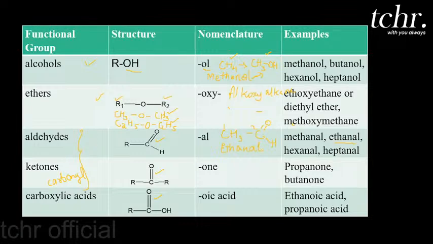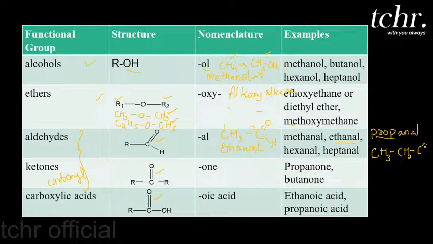Now for example, let me write the structure of propanal. Students, when it is asked to write the structure of propanal, what you have to do? First you see, prop means how many carbon atoms? 3 carbon atoms. So it goes on like this: CH3, CH2. Along with the aldehyde carbon, you have to count the number of carbon atoms.